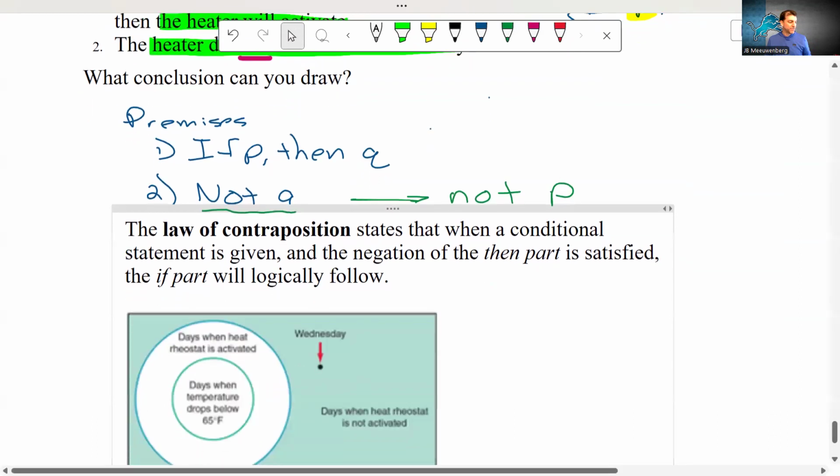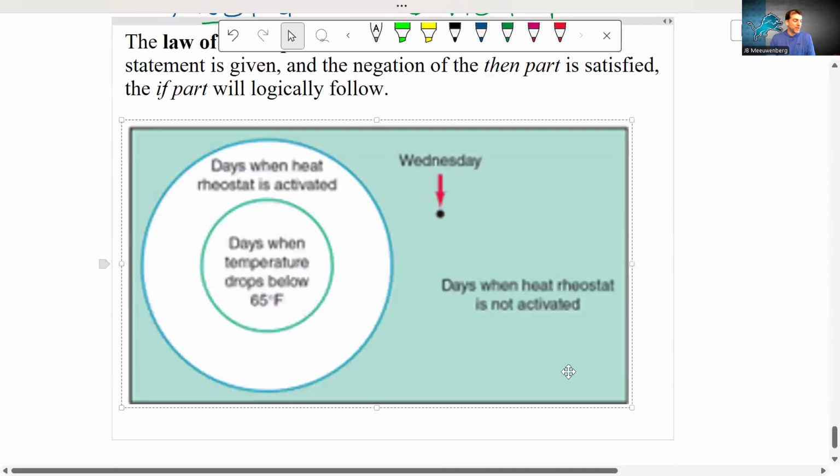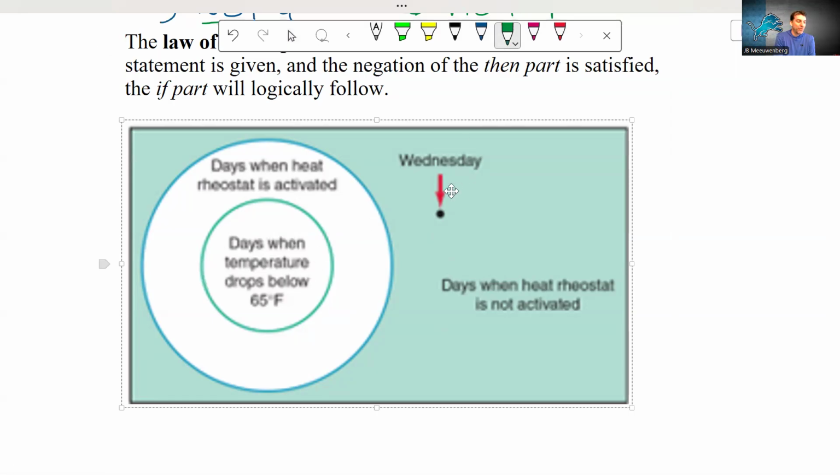Here is a diagram. Days when the heater is activated, days when the temperature drops below 65 degrees. Here's Wednesday. The heater was not activated. So what can we conclude? Well, it did not drop below 65 degrees, right?